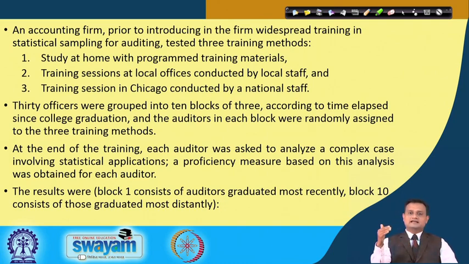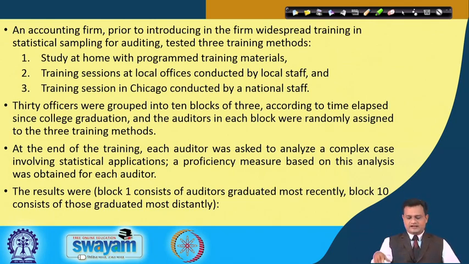So when I say block number 1, it consists of auditors graduated most recently, and block number 10 consists of those graduated most distantly. Somebody who passed out maybe in 2017 or 18, I will consider as part of my block 1. Within this block there would be 3 auditors to be tested, and these 3 auditors will be assigned to 3 different methods of training randomly.